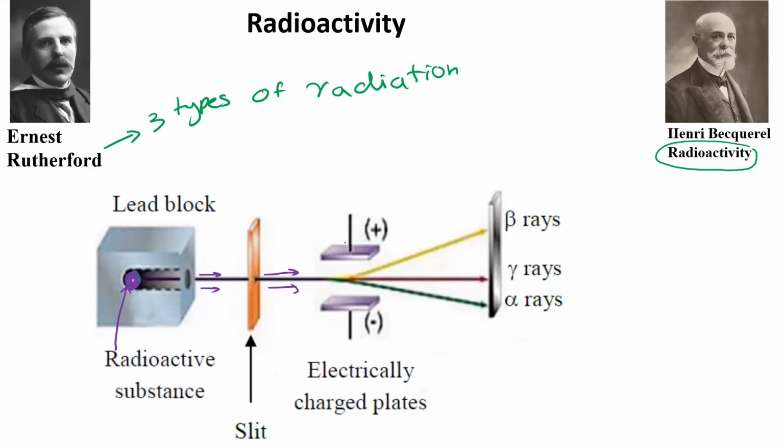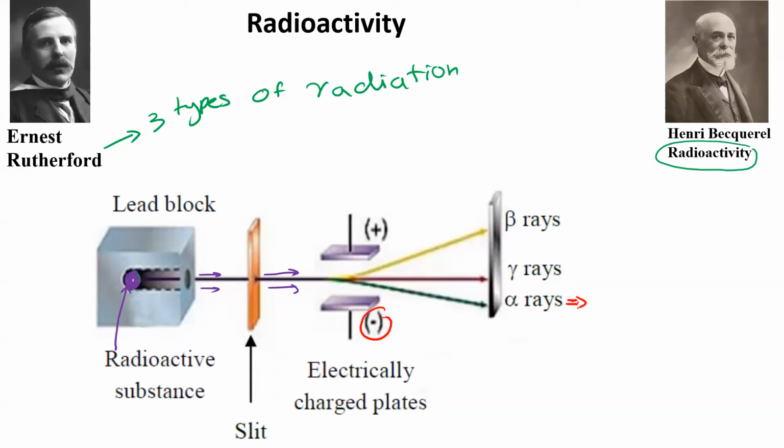So he provided first an electric field. He found that there is one type of particle that deflects towards the negatively charged plate. Now you can see the negatively charged plate here, and you can see the alpha rays.